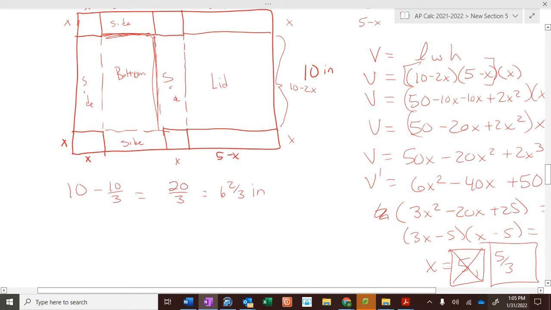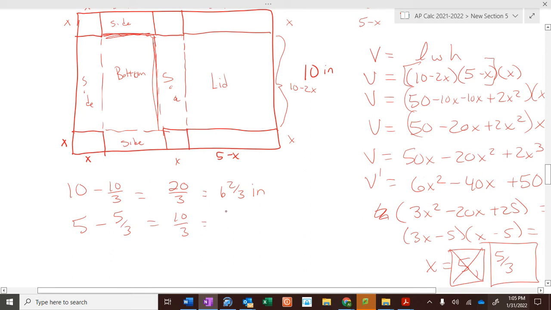All right. If we put 5/3 in for the other side, so it's 5 minus x. So 5 minus 5/3 is 15/3 minus 5/3, which is 10/3, right? Yep.